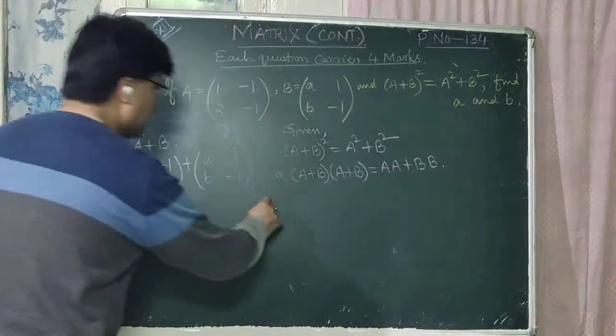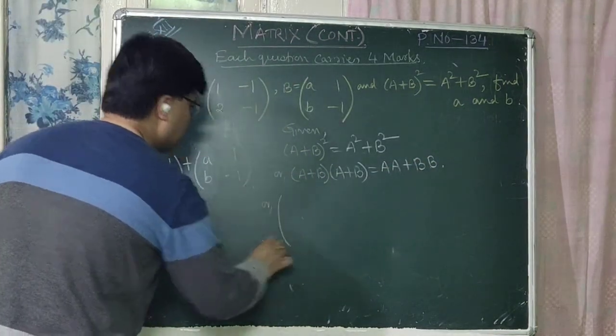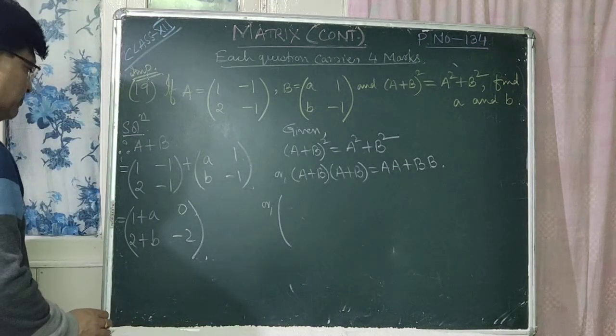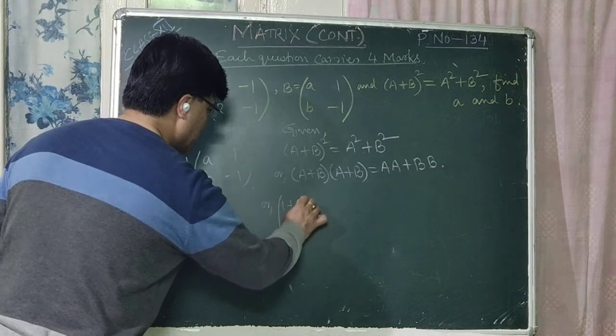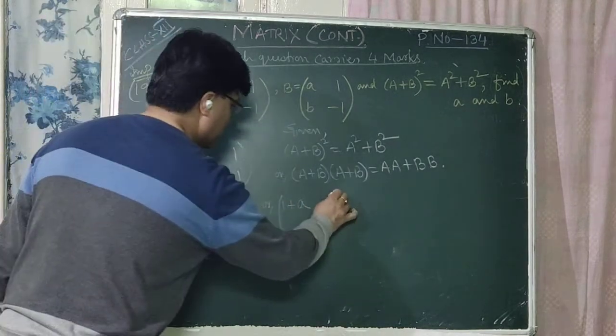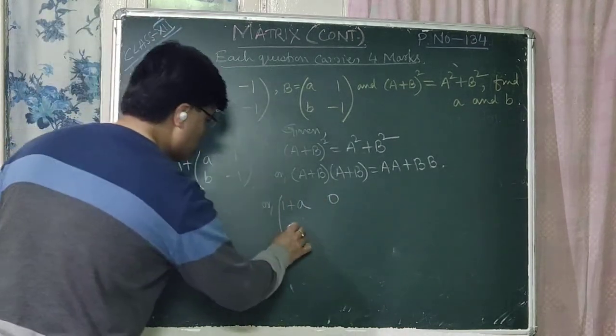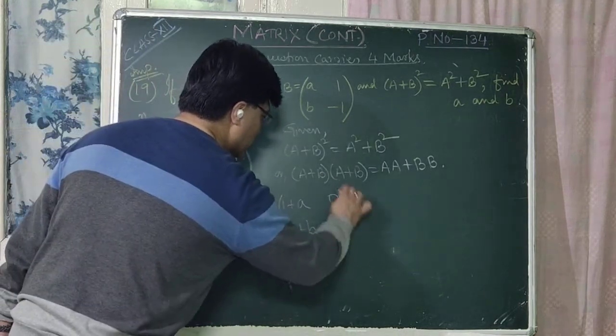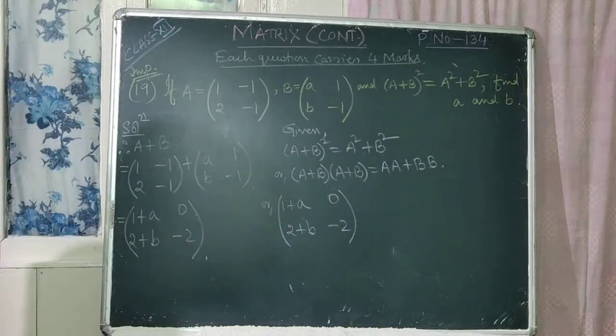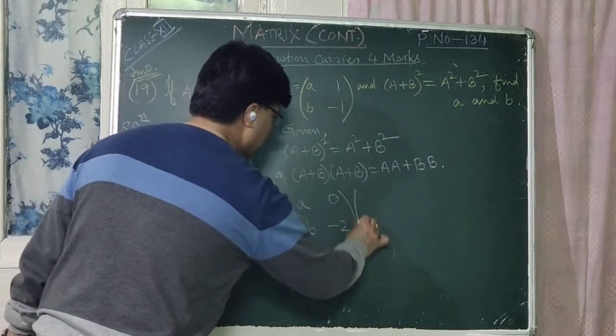So let us put the value. What is A plus B out here? 1 plus a, 0, then 2 plus b, minus 2. Again repeat that. What is A plus B?